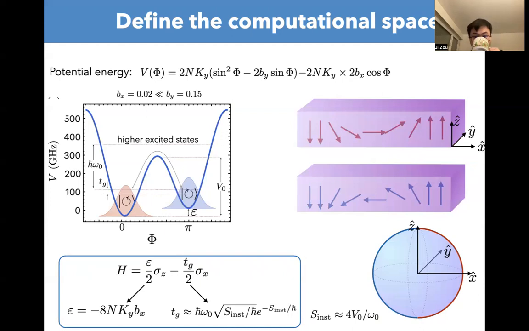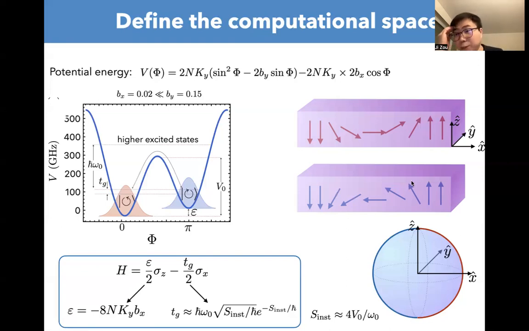Okay, so now let's discuss the effect of the magnetic field Bx along this racetrack. The effect of this Bx is also very clear because when we apply a magnetic field along this racetrack in the x direction, the positive chirality state would be preferred compared to the negative chirality state.